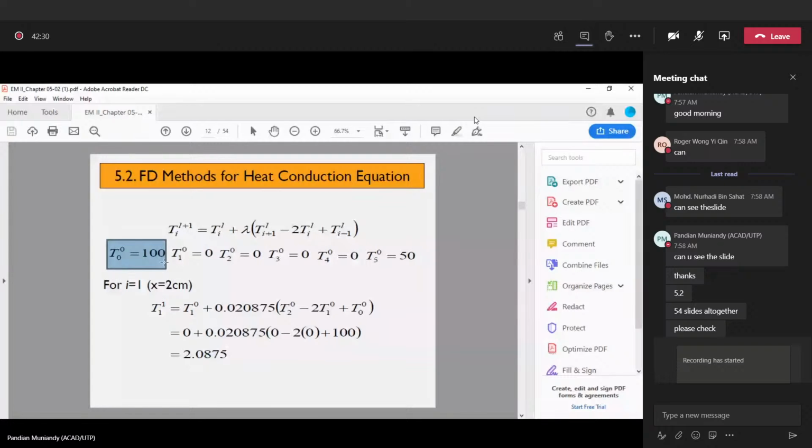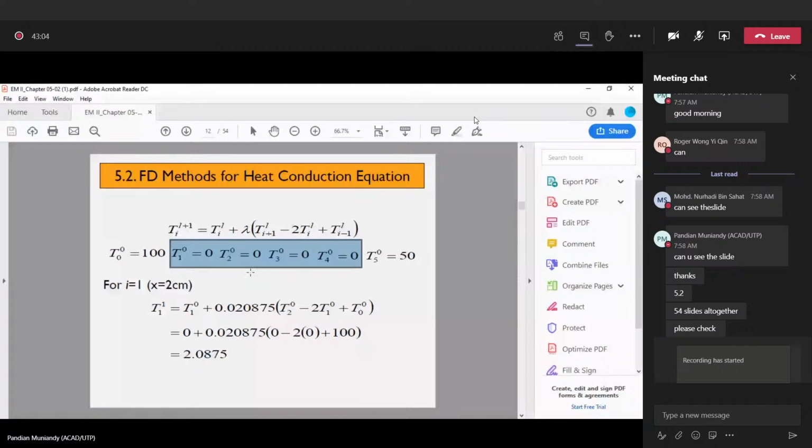This one is at X equals 5. This is the initial condition and boundary condition given in the problem. So you must know that T1, T2, T3, T4 are all 0 degrees, because this is at time 0. So the temperature is 0, 0, 0, 0.